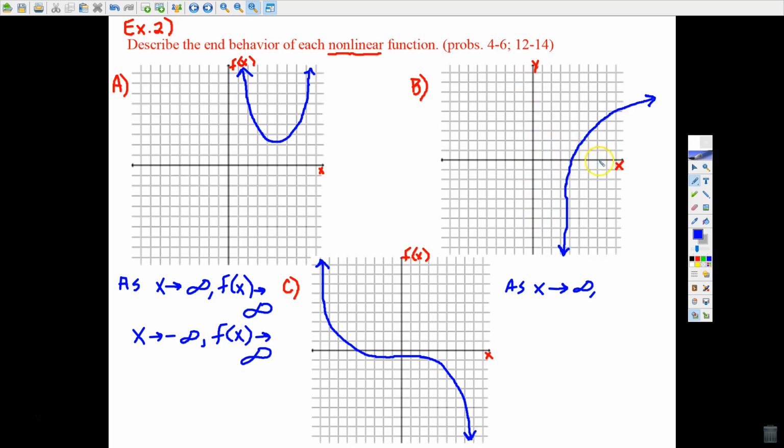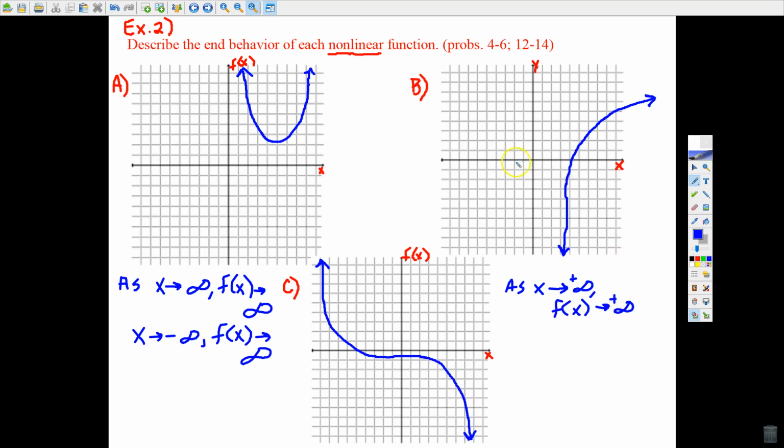Well, as the numbers for x get bigger, it looks like a gradual climb, but the values for y are also getting bigger. So we're going to state it this way: as the inputs, the domain, approach positive infinity, the function will also approach positive infinity. Could put plus signs there, but it's not really necessary.